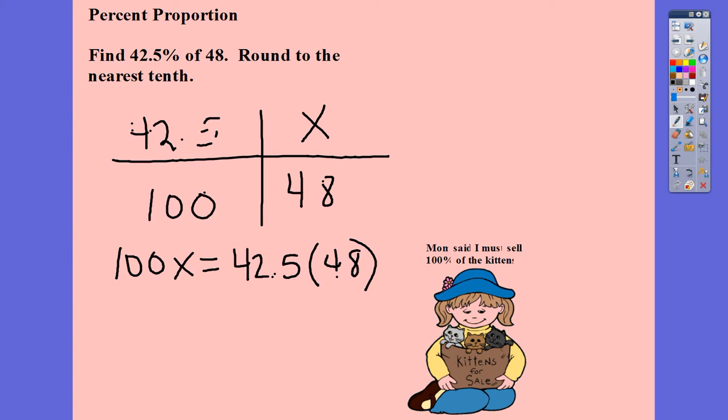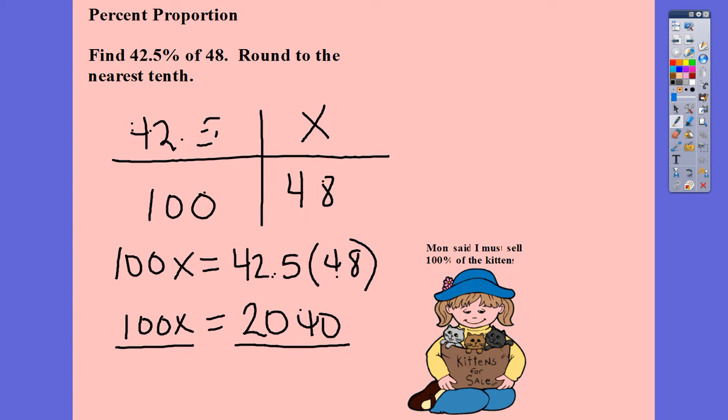Now, this one just so happens that they cannot do this one in their head. So they're going to have to show their work on this one and figure out what 42.5 times 48 would be. And that is 2,040.